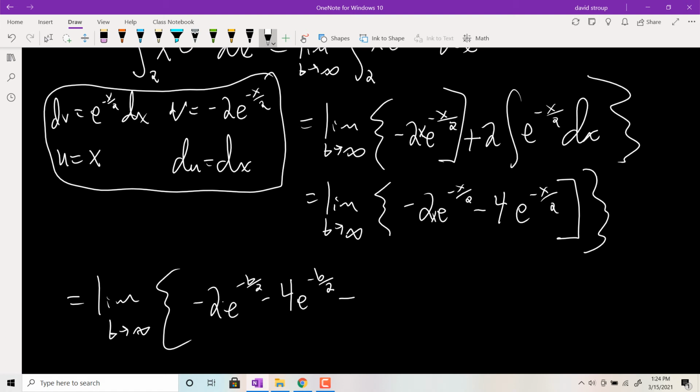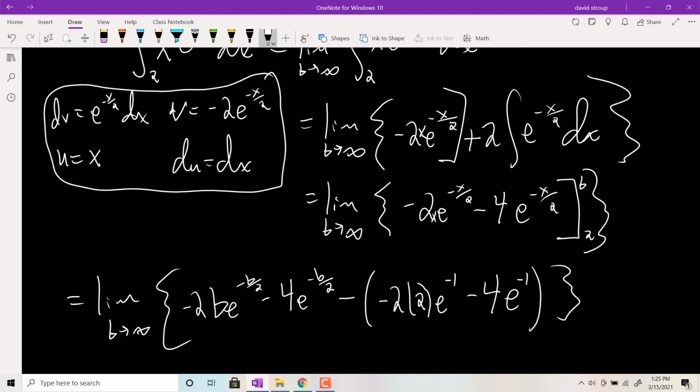And then this will be negative 2b. So I'm going from 2 to b. So negative 2b e to the negative b over 2 minus 4e to the negative b over 2 minus, plugging in 2, I get negative 2 times 2e to the negative 2 over 2, which is negative 1, minus 4e to the negative 2 over 2, which is minus 1.